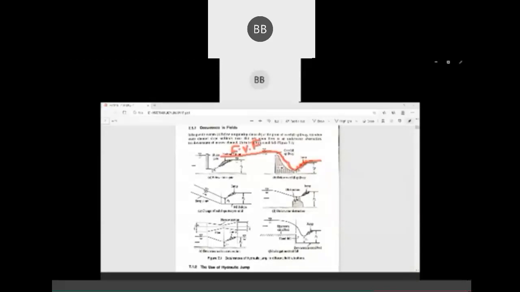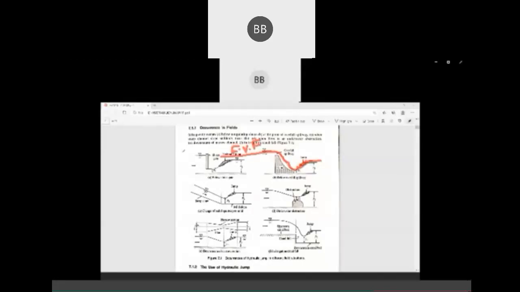One is before the jump, one is after the jump. As your depth of flow changes rapidly, or all of a sudden, that is why it is called rapidly varied flow, or you can say it's a hydraulic jump. So you can draw these figures. These are some field conditions where you can find hydraulic jump.